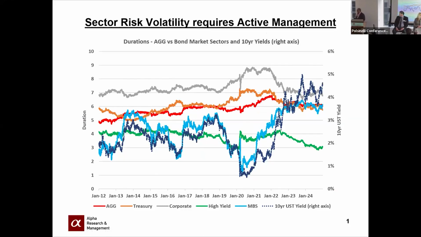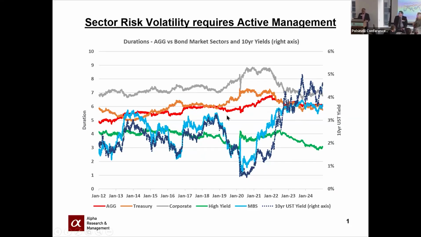This is public asset classes: treasuries, the ag index, corporate high yield, mortgage-backed securities, and the dotted line, which is on the right axis, is the yield of the 10-year treasury. So you can see that rates have gone up, and they are still choppy around the 4% area. But what is interesting from the credit perspective is the green line, which is the duration of high yield.